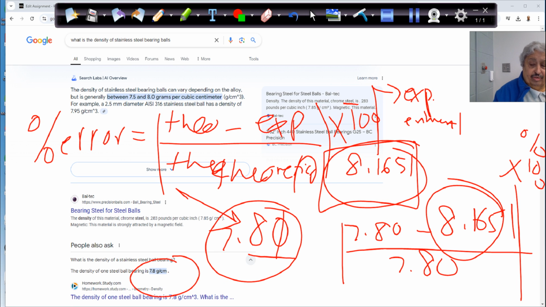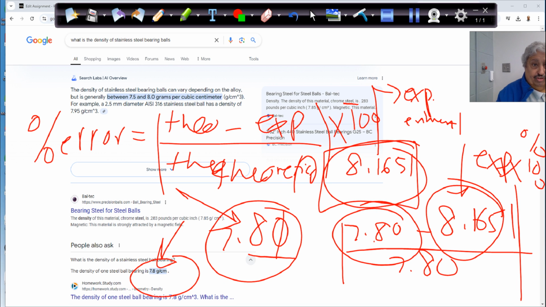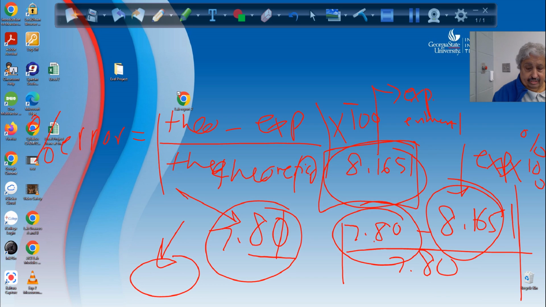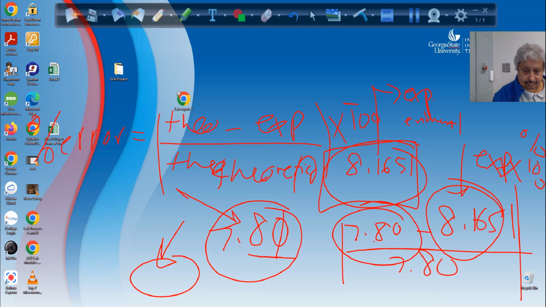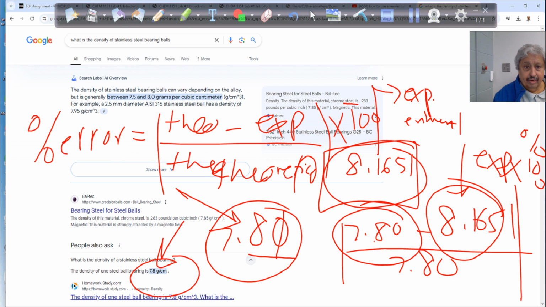So 7.8 is your theoretical value from the literature, and this is the experimental value. He got 4%, and I was really very impressed with his finding. Let me see here.